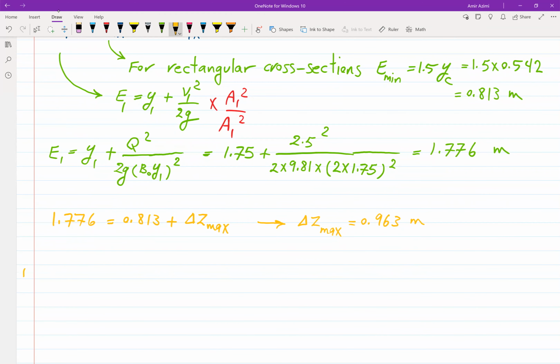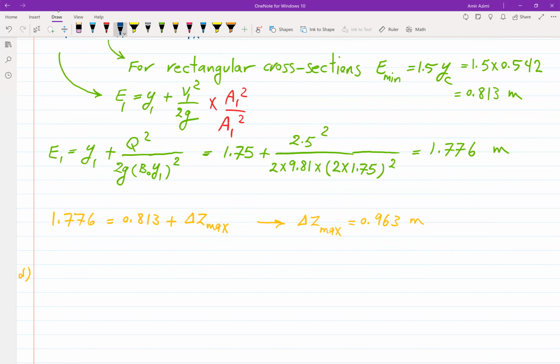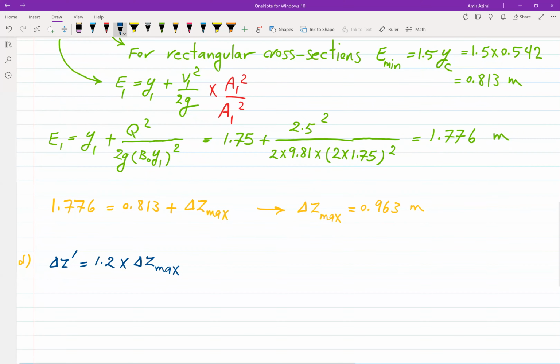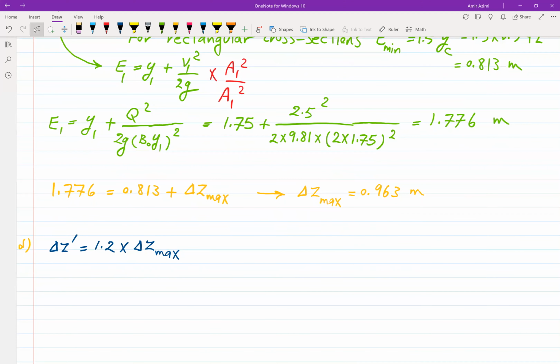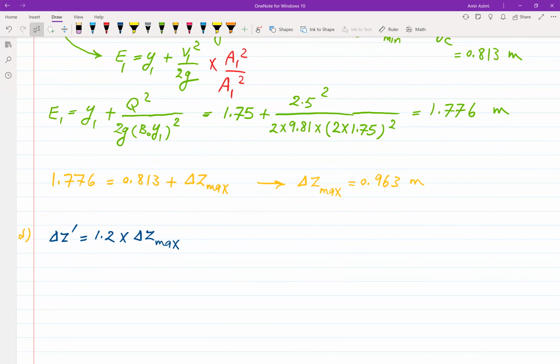So in section D, we have delta Z prime is equal to 1.2 times delta Z max. So the question is, what happens if we raise delta Z max by 20%? So definitely we are going to have backwater effect because we raise the hump elevation above delta Z max.